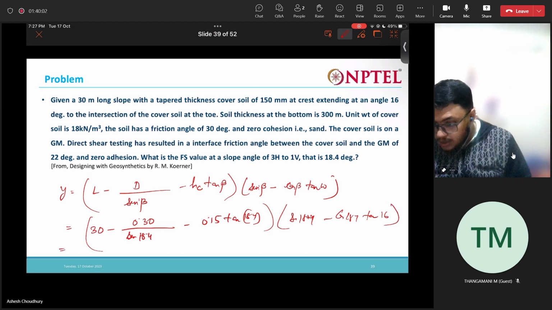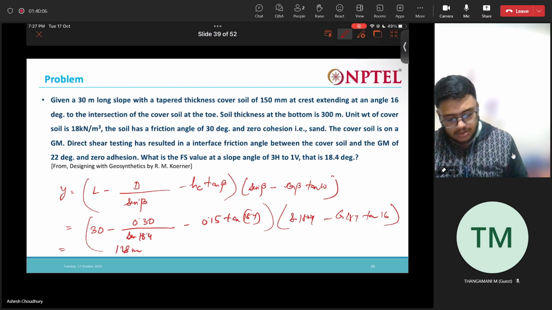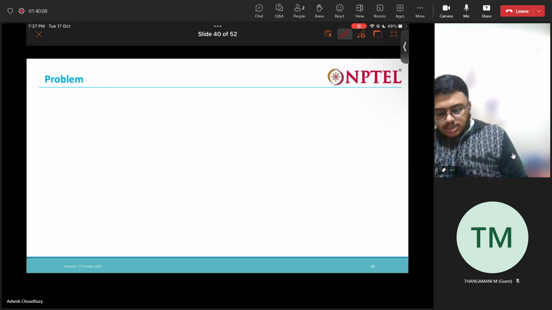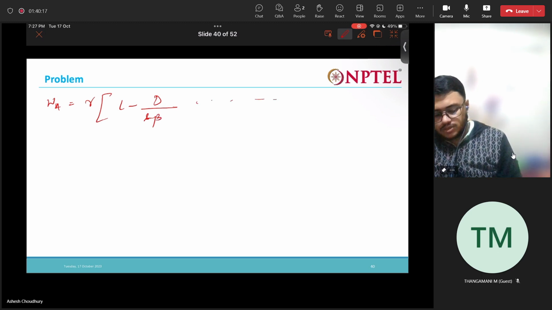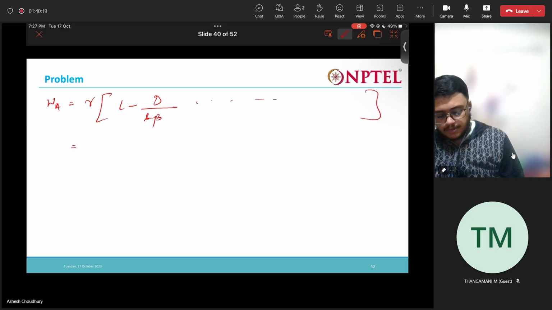Will come out as 128. Then similarly put the formula for WA. This will be like this. You put the formula. Your WA is 390 kN per meter.